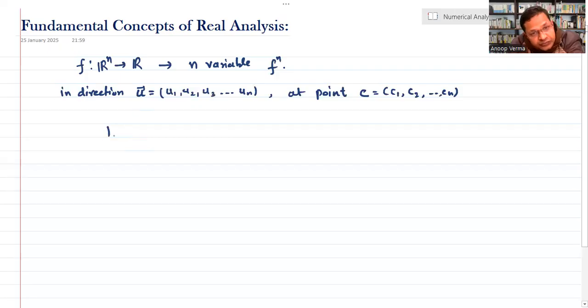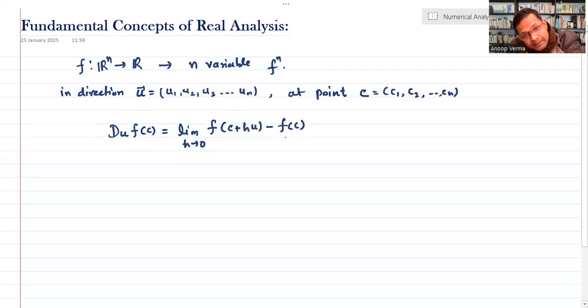It is defined by this formula: D_u f(c) is equal to the limit as h tends to 0 of f(c plus h times u) minus f(c), divided by h. You know that u depends on the number of variables, and it is defined like this.